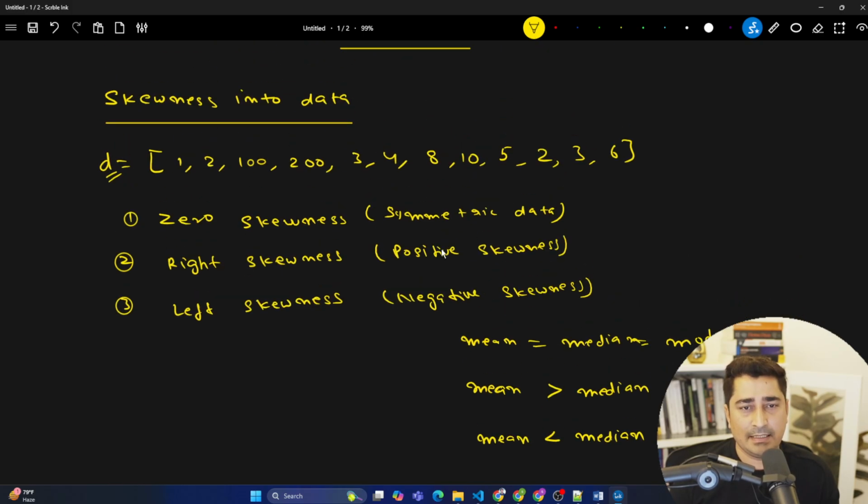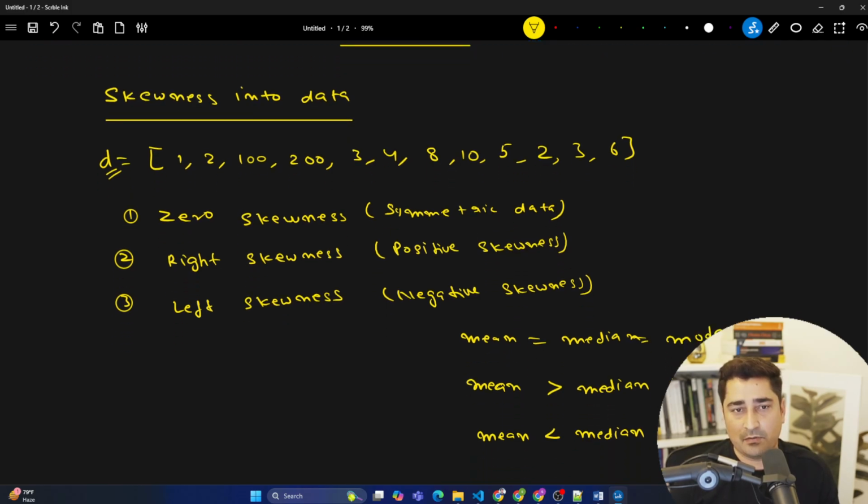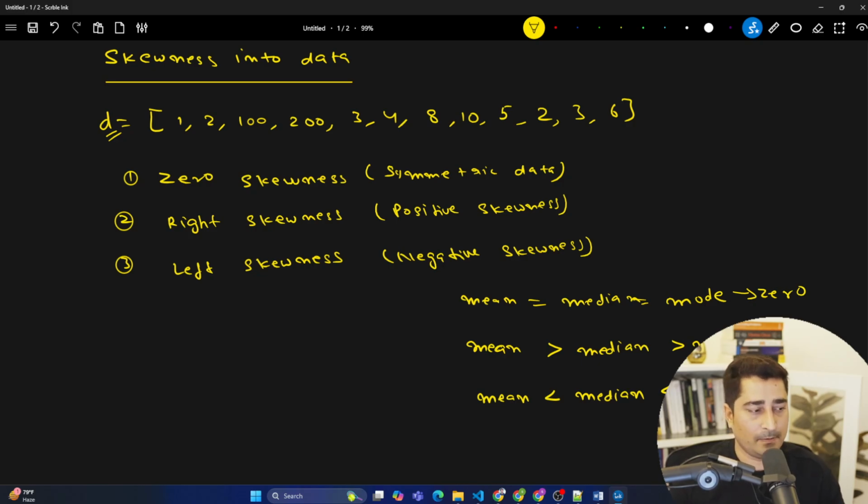Now we have to find out, first of all, mean, median, and mode, and based on this analogy, we'll try to figure out whether my data set is skewed or not. So fine, guys, calculate it quickly. What is the mean of this data set, what is the median, and what is the mode?